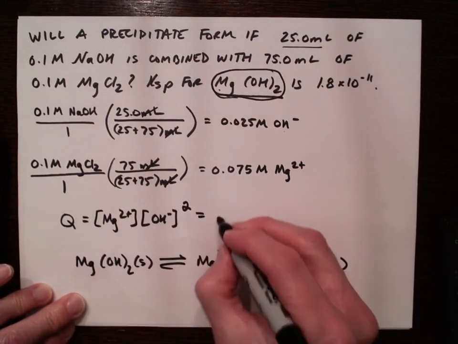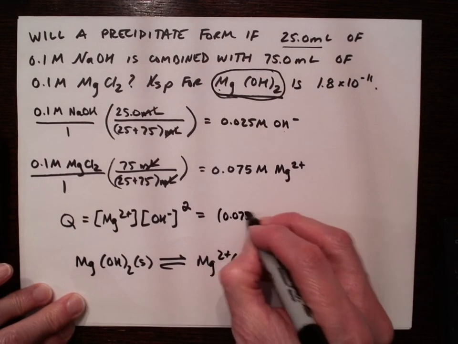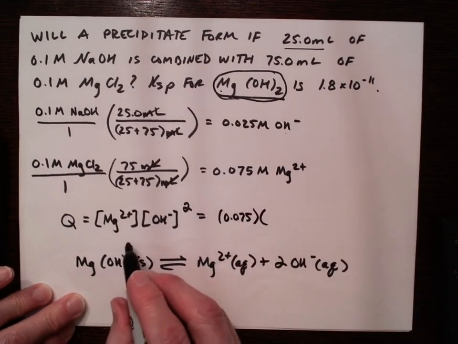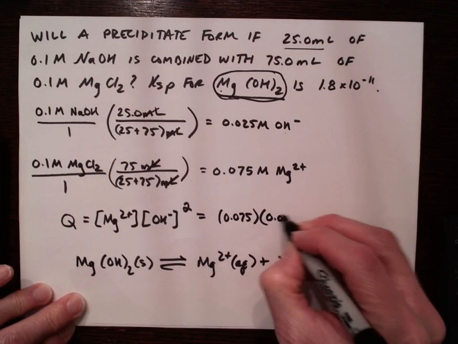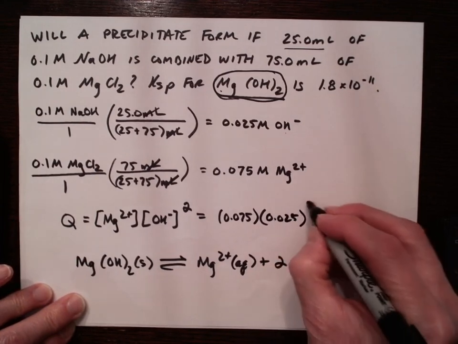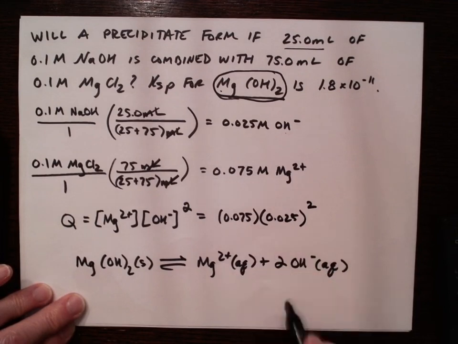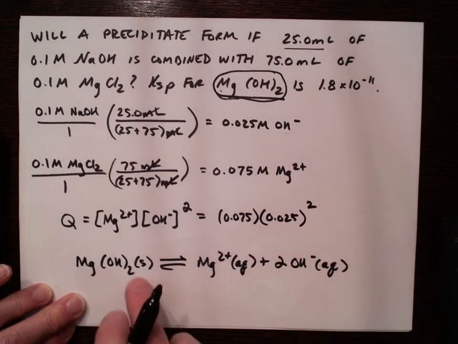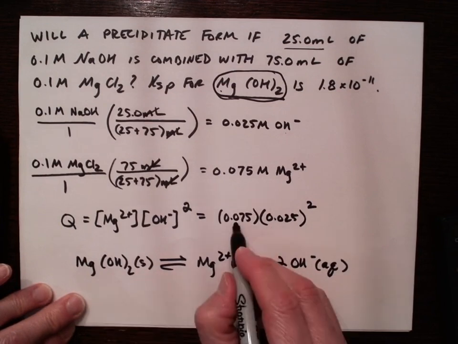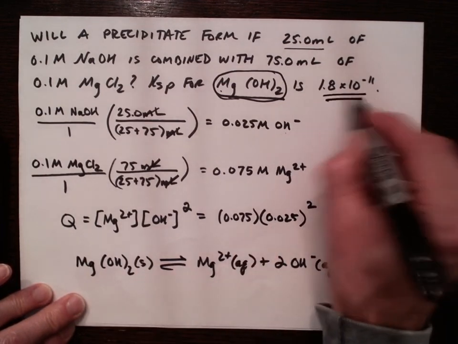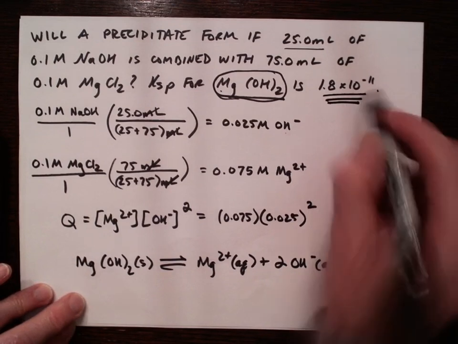So magnesium is going to be 0.075, and my hydroxide is going to be 0.025 squared. And if Q is greater than K, we head in this direction and form the solid. So if this value is greater than this, it's going to form a precipitate.